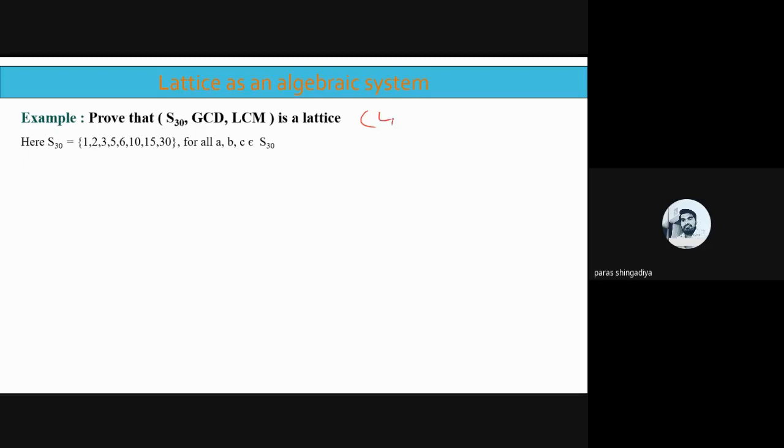So here star means GCD of the two elements, and ring sum means LCM of the two elements. Okay, and this is known as S30: 1, 2, 3, 5, 6, 10, 15, and 30.